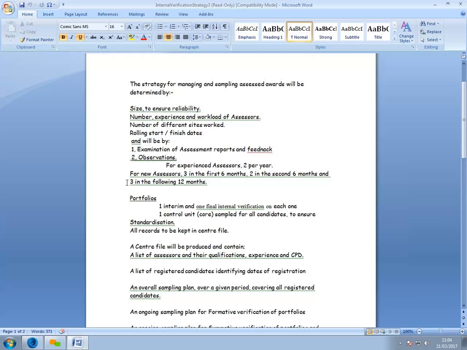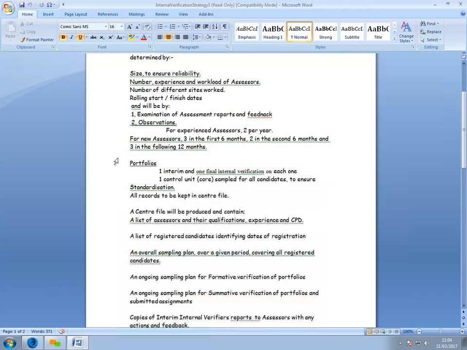So you've probably dropped that to 2 in different circumstances. These are quite heavy observations, or quite a workload for the internal quality assurer. For portfolios, there'll be at least 1 interim and 1 final internal verification. 1 control unit, core, sampled for all candidates to ensure standardization.